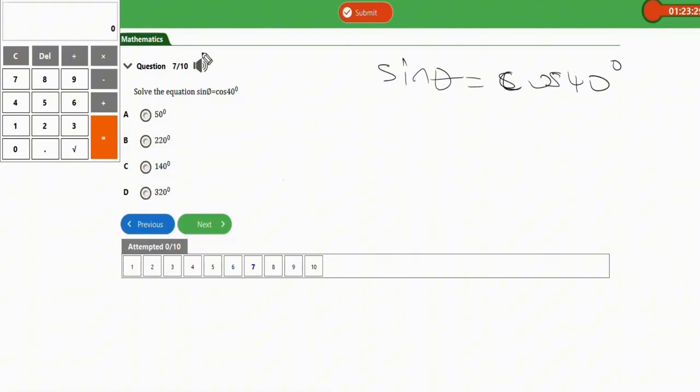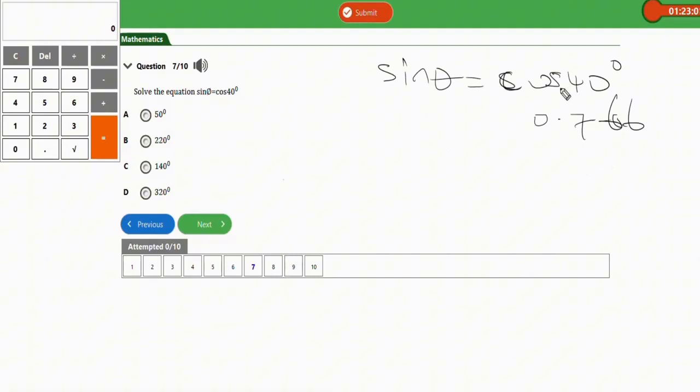Unfortunately, this is not a scientific calculator, so this is one of the basic trigonometry expressions you need to know the output. So cos 40 is the same thing as 0.766, if you are leaving it at 3 decimal places.